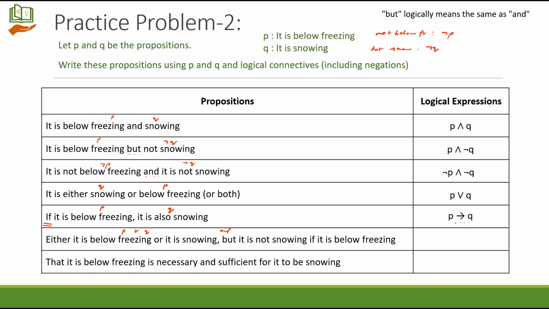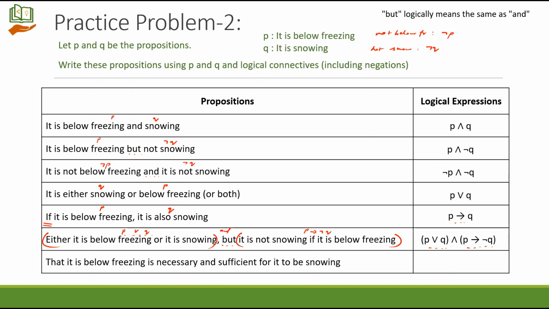It is not snowing means it is negation of Q. If it is below freezing, it means P implies negation of Q. Either it is below freezing or it is snowing is one compound proposition, and it is not snowing if it is below freezing is another compound proposition. So you are connecting both these compound propositions using but. So P or Q for the first set and we have P implies negation of Q for the second set.